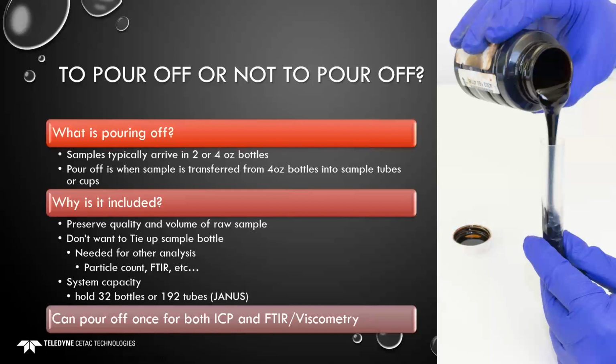So they'll do their sample preparation for the ICP out of the same tube positions that they want to take to their FTIR. And then after the preparation is done, they take their diluted samples to their ICP, and they take their raw samples over to the FTIR, and they get two preps or two analyses out of a single pour-off step, which can be a really nice economical usage of your sample and your manual time.